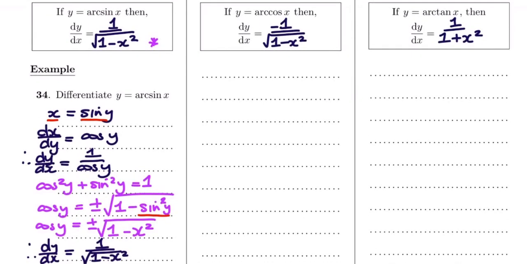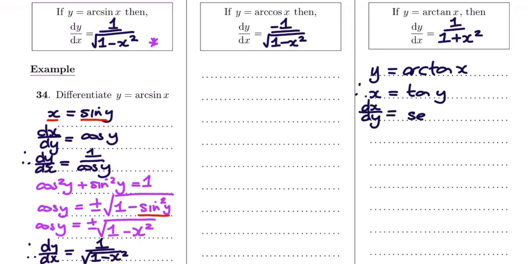Now, arctan, again, is slightly different. I'm going to do that one over here on the right hand side. So y equals arctan of x, therefore x equals tan of y. So dx/dy equals sec squared y. So dy/dx equals 1 over sec squared y.